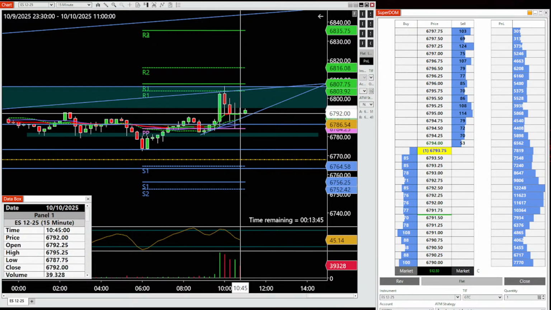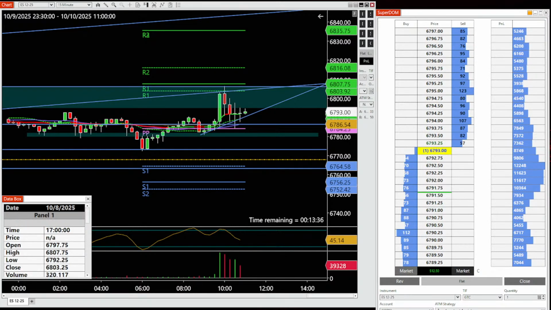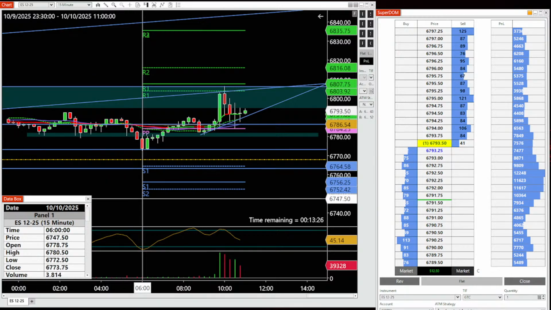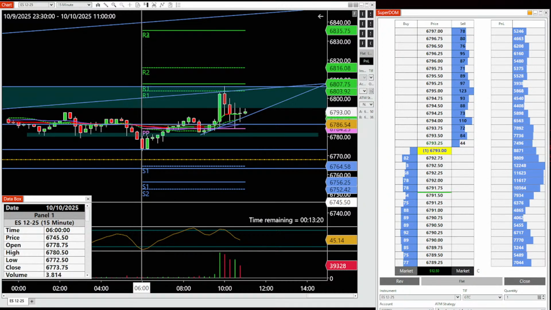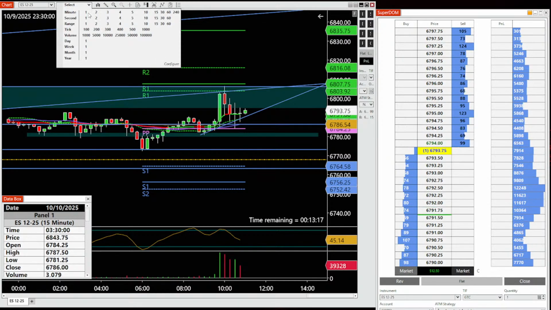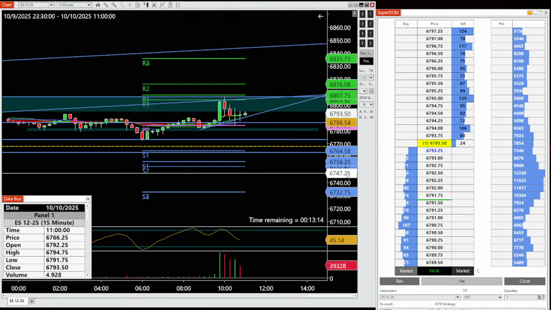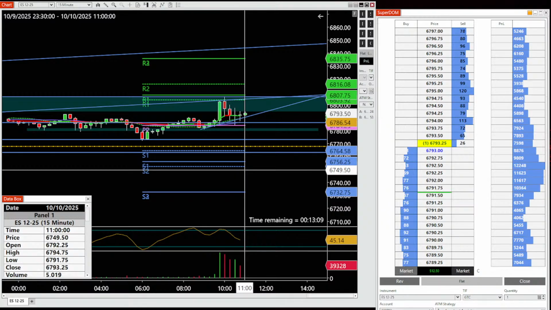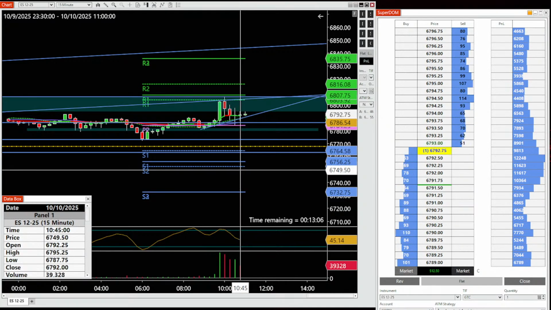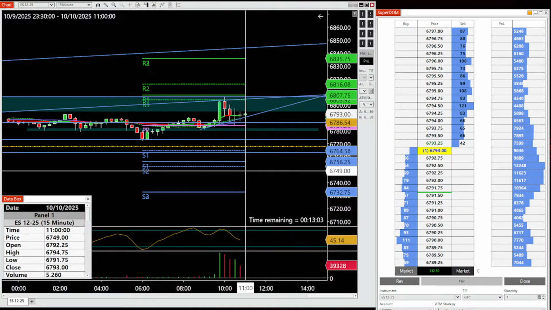We keep coming back into this 92 area. This high is 95.25. This high is 94.75.